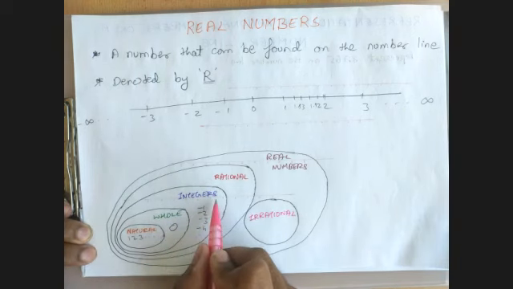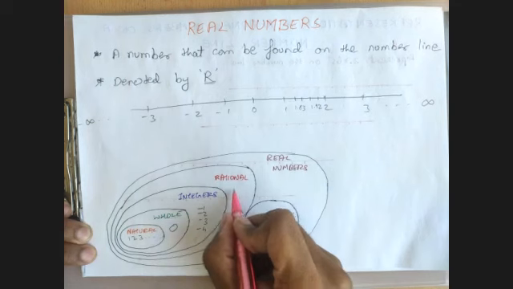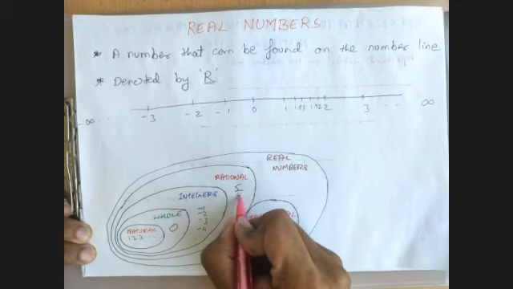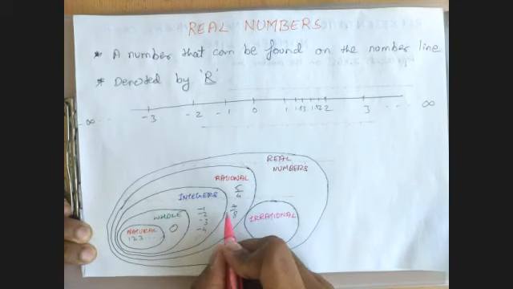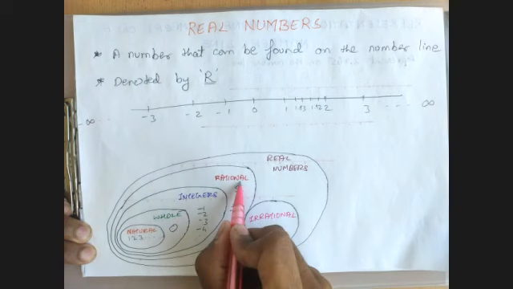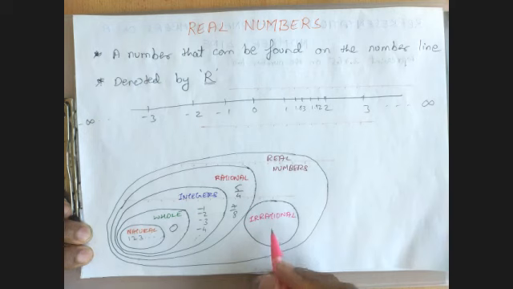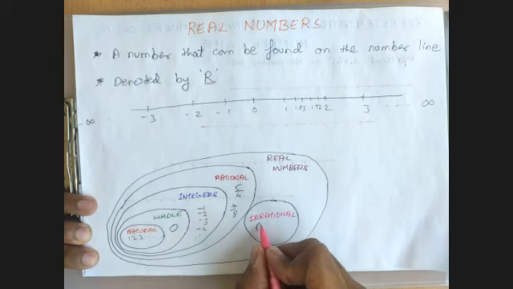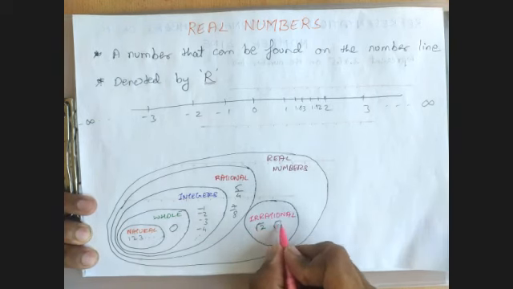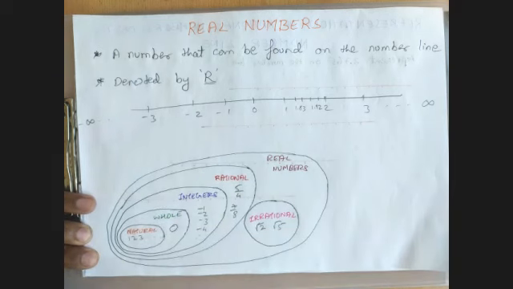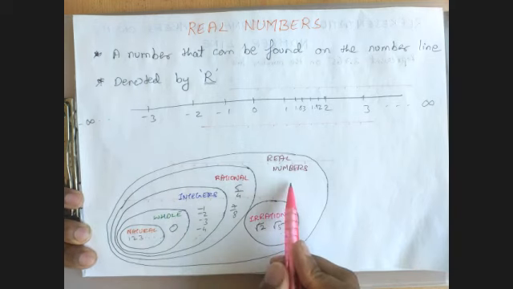These integers with fractions like 5/4, 7/8, and so on make up rational numbers. And as we saw, we have another category called irrational numbers, for example, √2, √5, etc. This makes up irrational numbers. Rational numbers are different from irrational numbers, but they together make up real numbers.